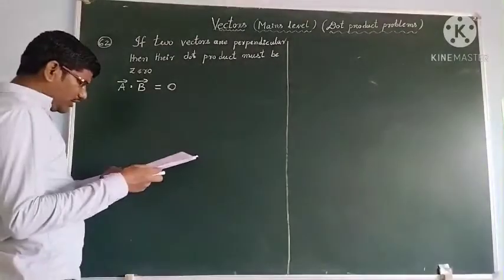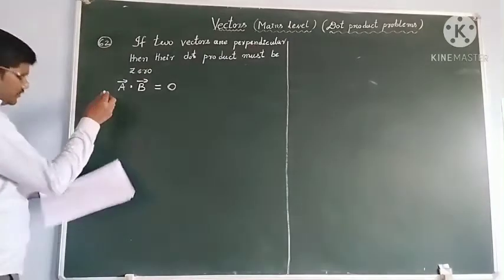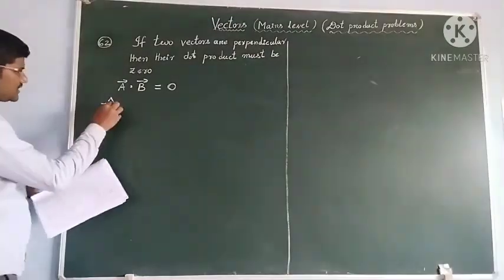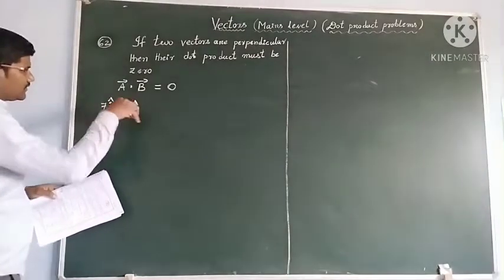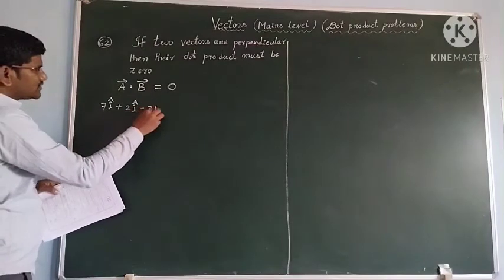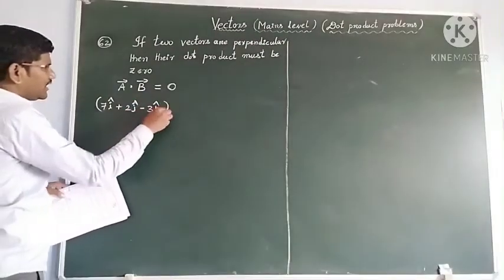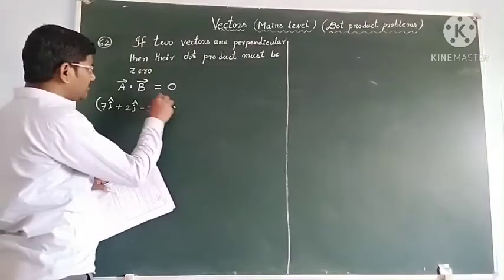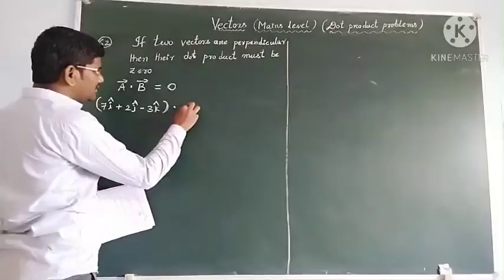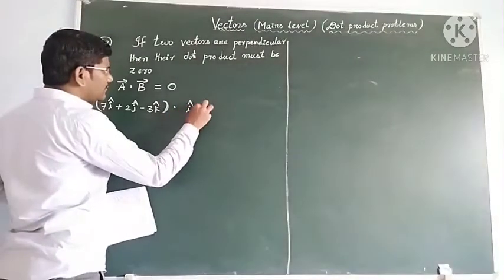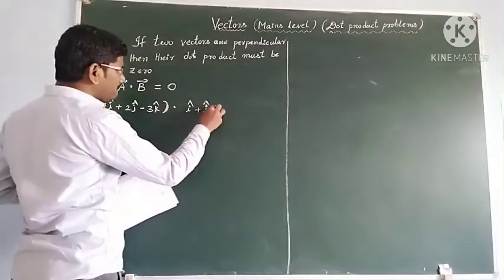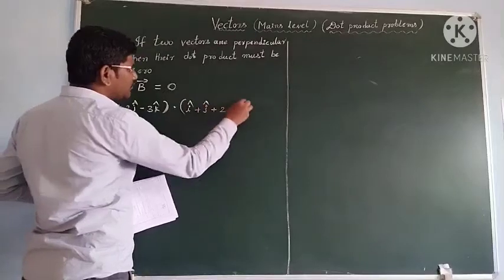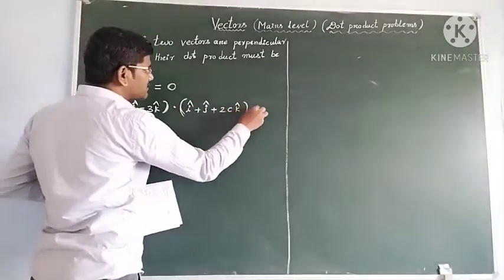A bar is 7 i cap plus 2 j cap minus 3 k cap, and B bar is i cap plus j cap plus 2c into k cap. The dot product must be 0.